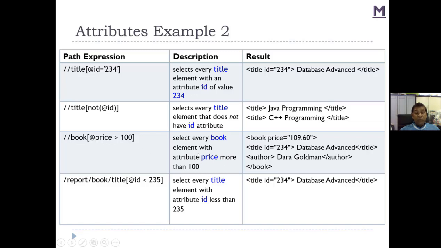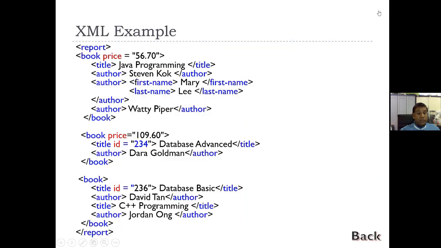Remember, greater than 100 means it will display every book element with attribute price more than 100. So it will give you the output like this: book price 109, this is greater than 100, and display the details. Okay, look at the examples here. Here this is the details it will give you. Okay, details.